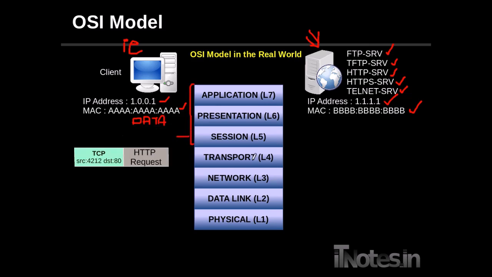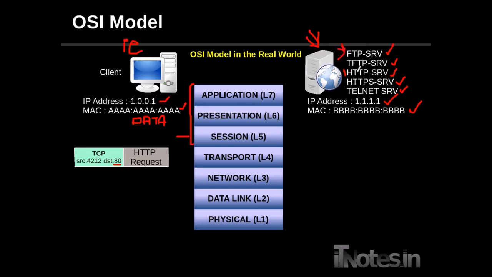Now with that data we add the protocol and the port numbers. Since we are looking for a web page, the port number is 80, that is the HTTP server. Now if the port number was, for example, 20 or 21, that would be FTP.